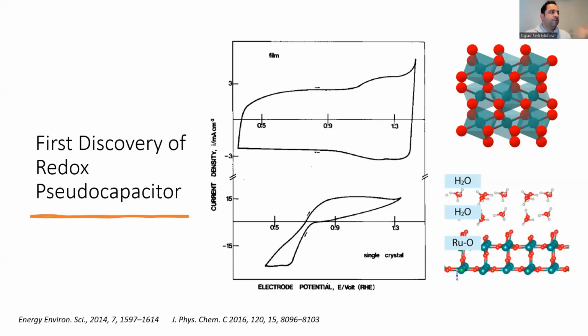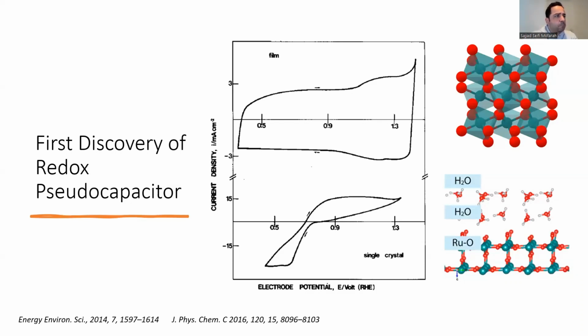In future studies, this capacitance improved, and a capacitance of over 700 farads per gram was reported. There are many studies working on the electrochemical behavior of ruthenium oxide and how this material has this interesting EDLC-type electrochemical behavior, but with a very high energy density.